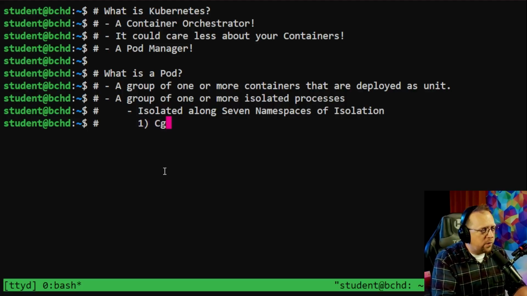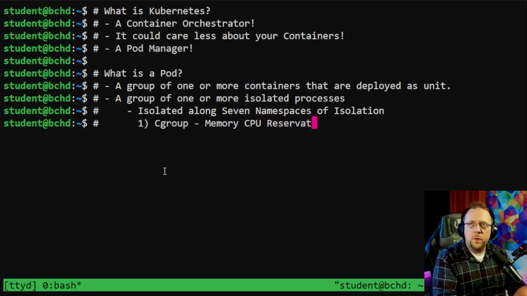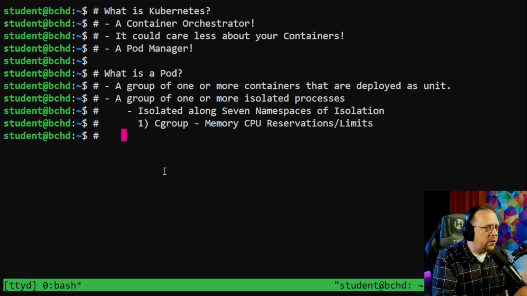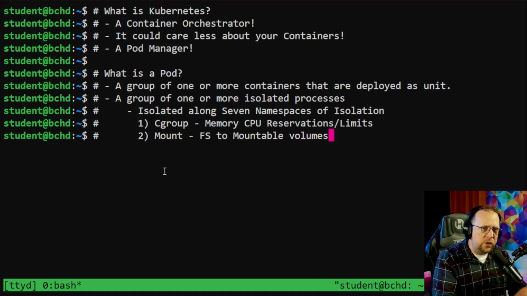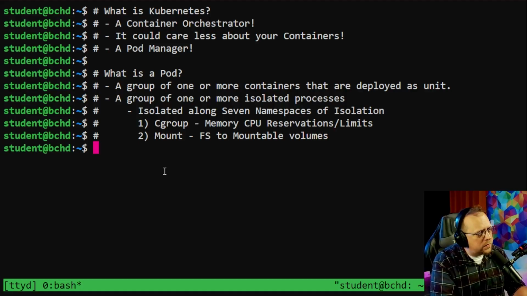Well, we got everything from cgroup, which is memory and CPU reservations and limits, right? The next thing is going to be mount points. So mount, and this is going to be everything from file system to actual mountable drives, mountable volumes. They have their own file system and their own mounted devices.